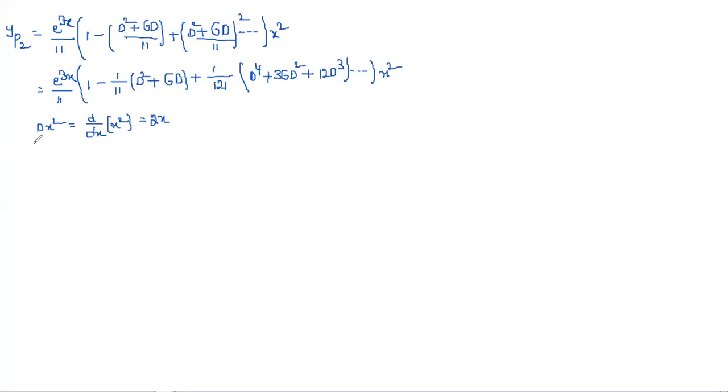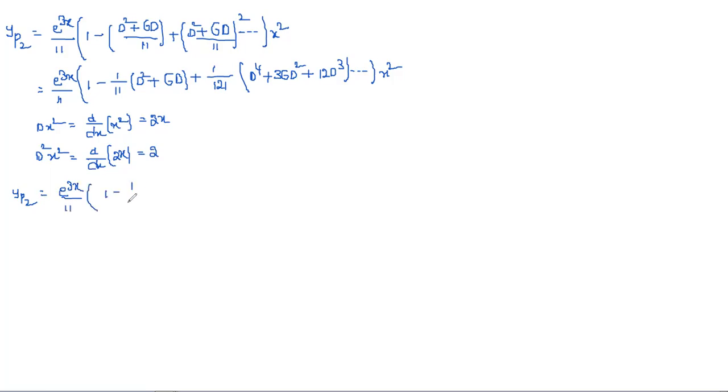And next, D square of x square is d by dx of 2x, so the derivative is 2, and from D cube onwards we get zeros, right?